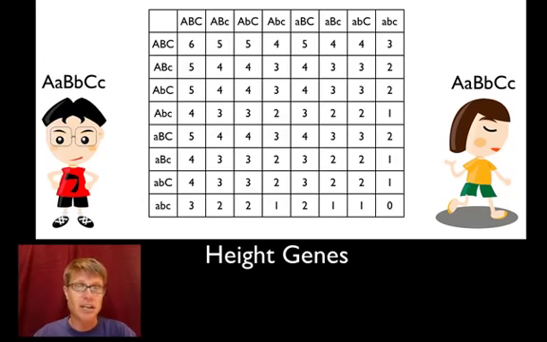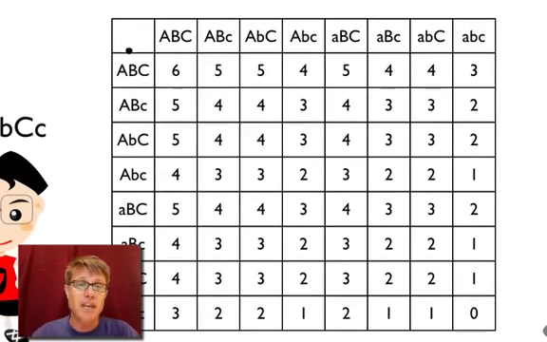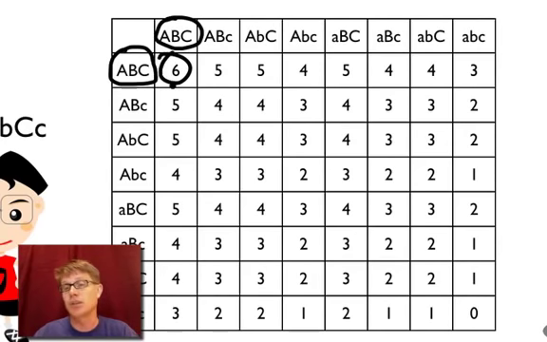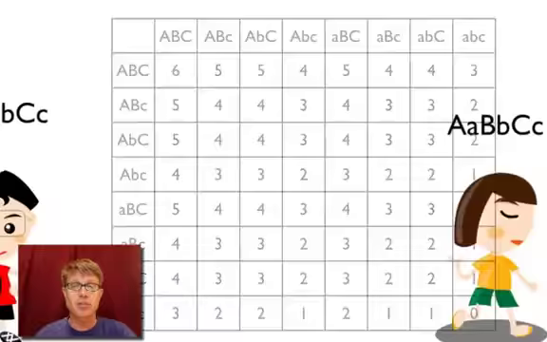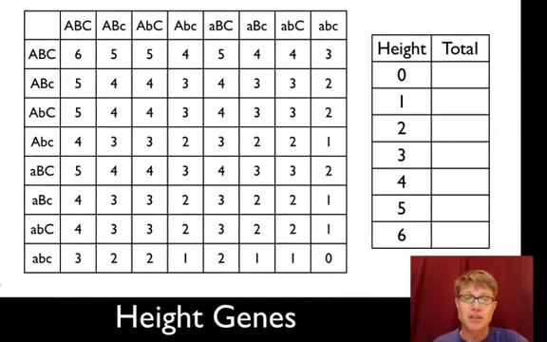To lay this out, if they happen to give all their tall genes to their offspring, then they would have 6 height genes and they'd be really, really tall. But let's step through the probabilities here. If they were to have 64 kids, we would expect that only one of those would be super short, little a, little b, little c.